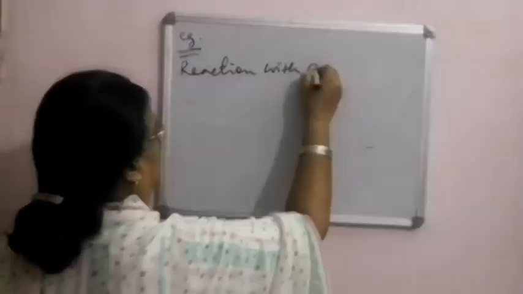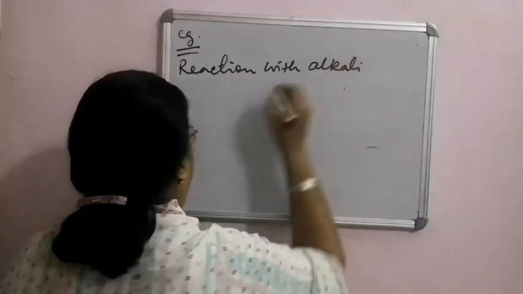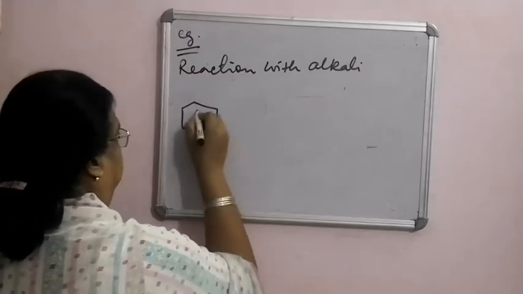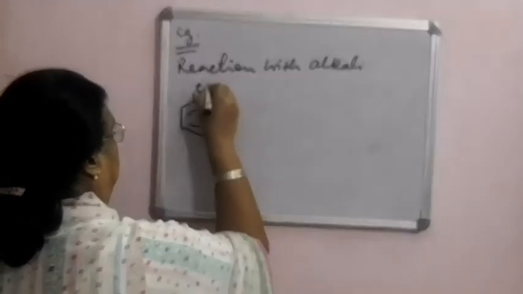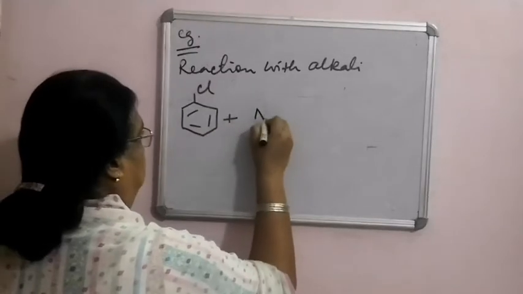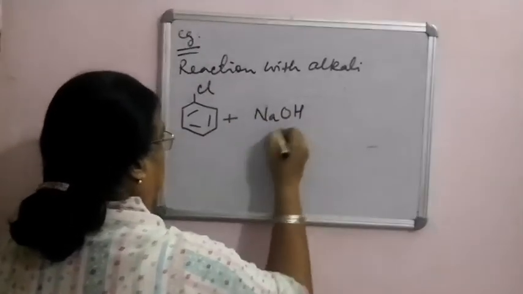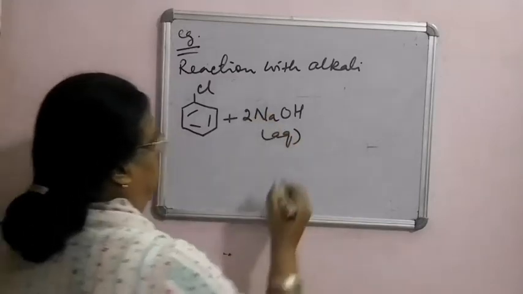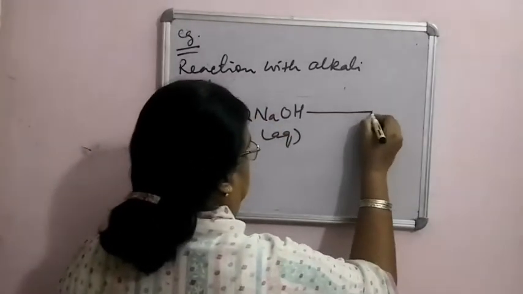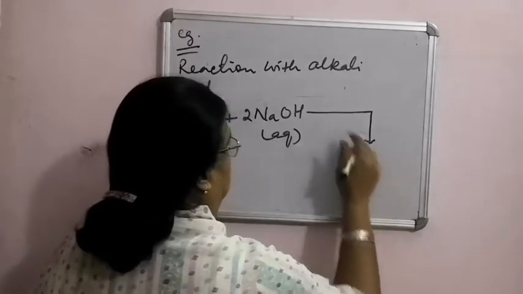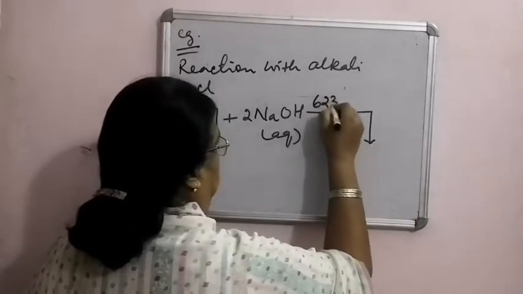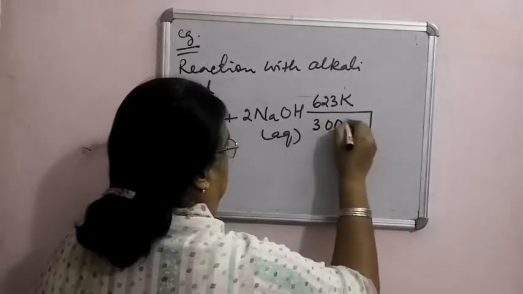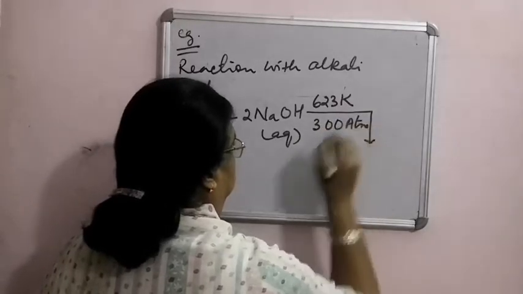that is reaction with alkali, sodium hydroxide. So chlorobenzene combines with sodium hydroxide, aqueous, 2 moles, and gives, under drastic conditions, 623 Kelvin temperature, 300 atmosphere pressure.